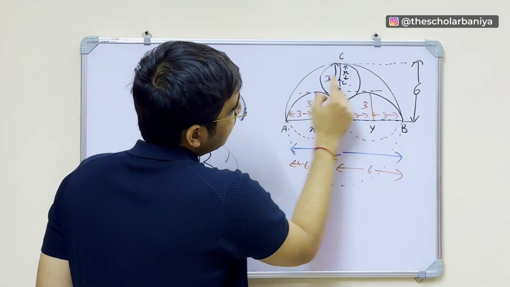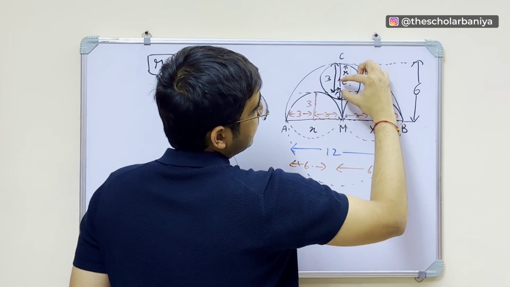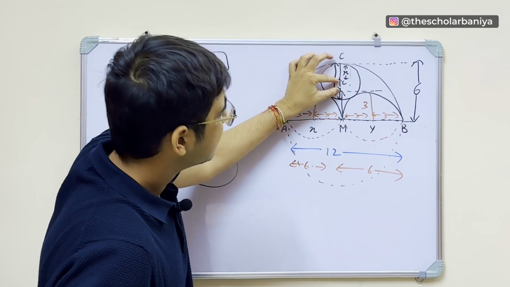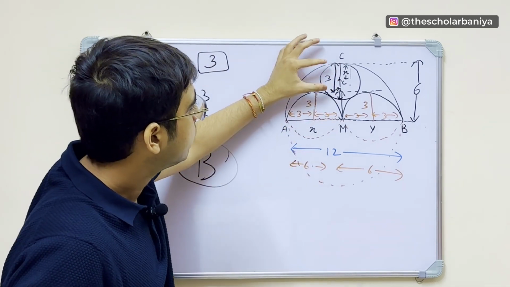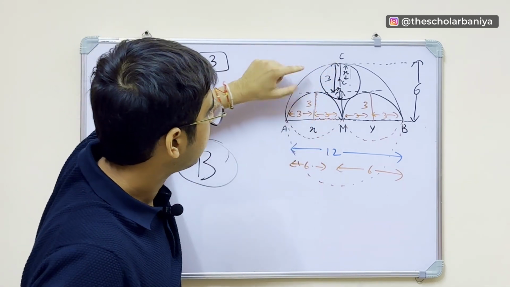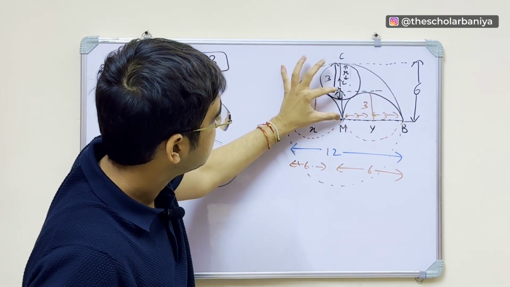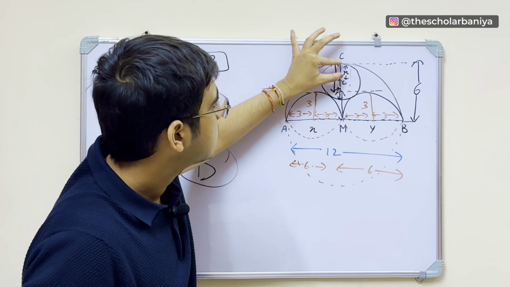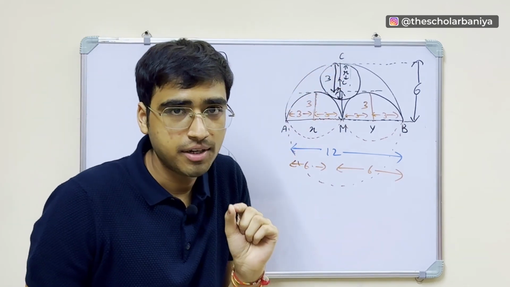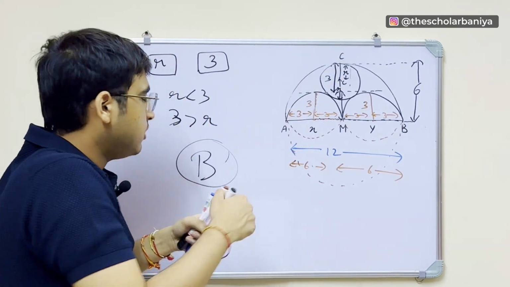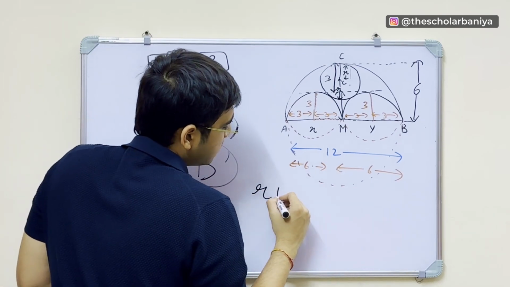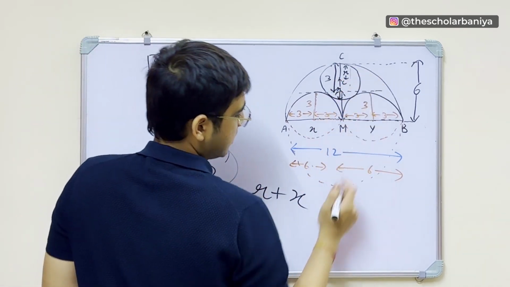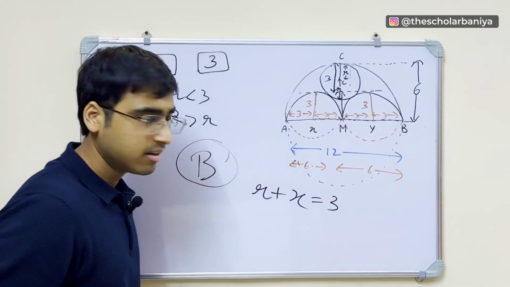We also know that this is r and this is r. So basically, r plus some value will be equal to 3, because if this entire part is 6 and this is 3, then this will be 3, right? This is r plus some small quantity, so you can think of it as r plus x equals 3, right?